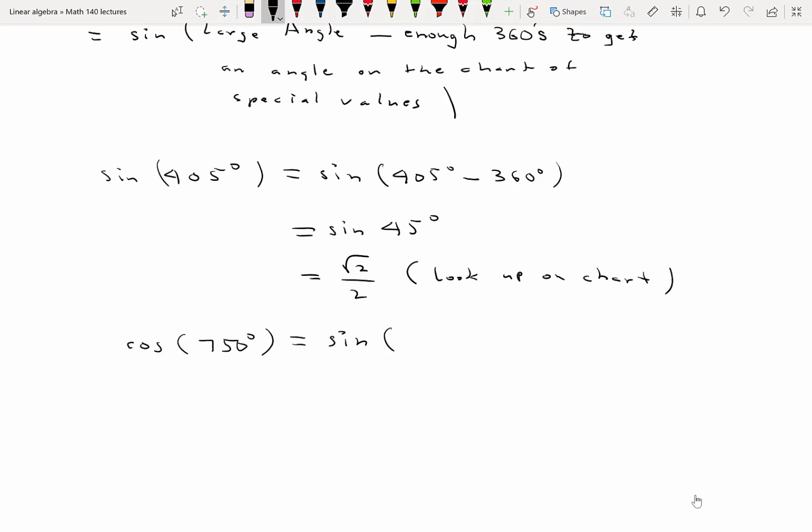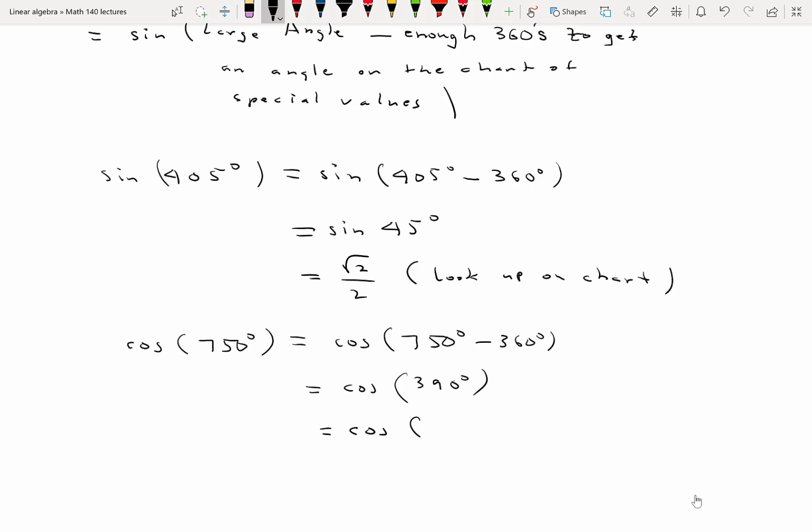So take away 360 from the angle. 750 take away 360 is 390. Is that number on the chart? No. So take away another 360.